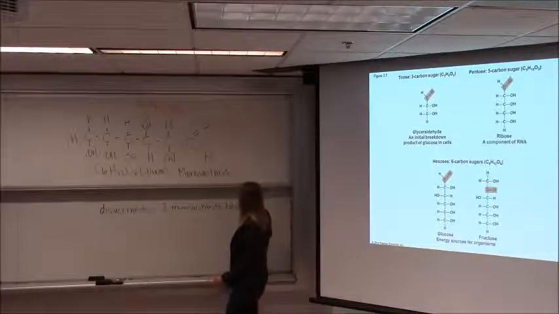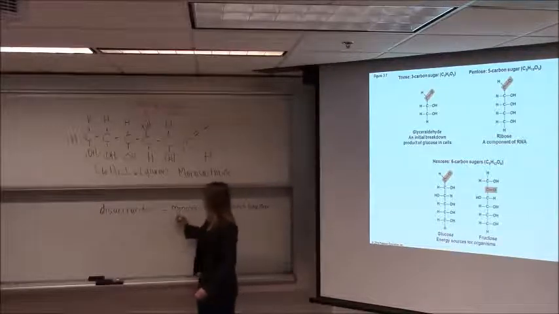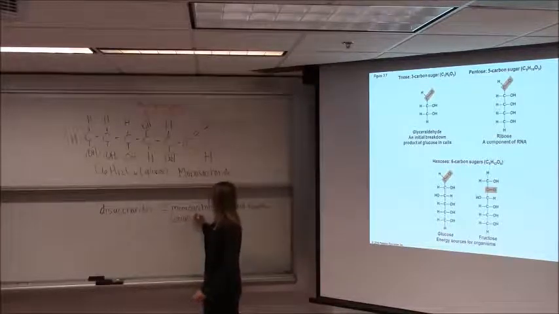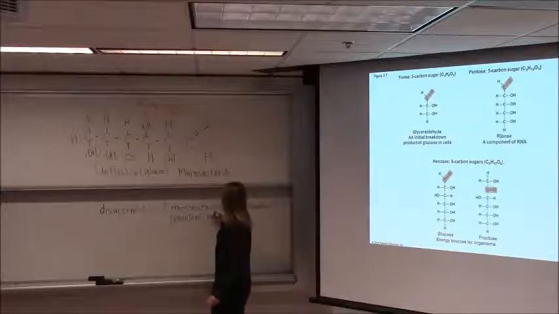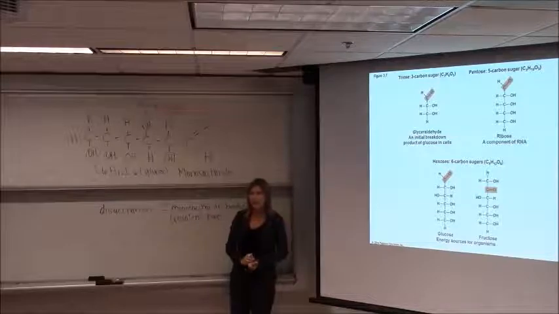That bond is a covalent bond, so it contains a lot of energy. Remember, covalent bonds are the strongest bonds, and they also contain potential energy, energy stored in that bond.